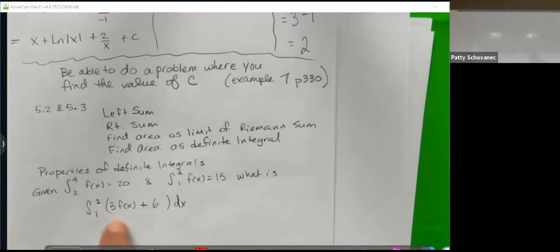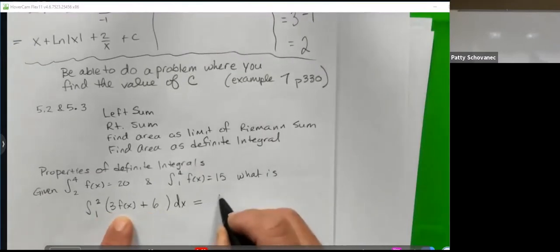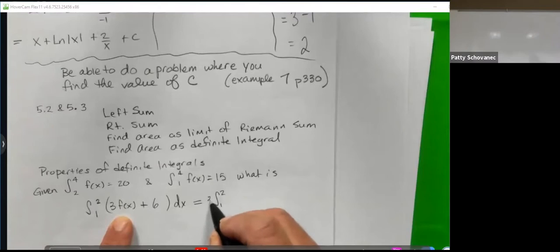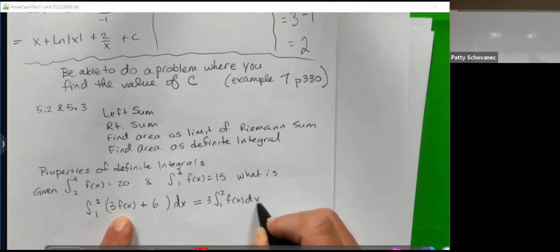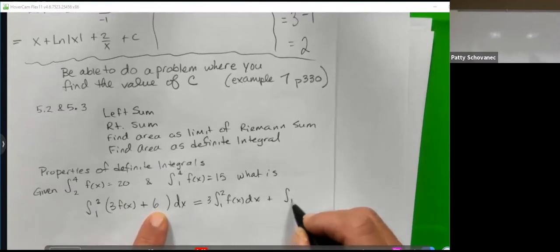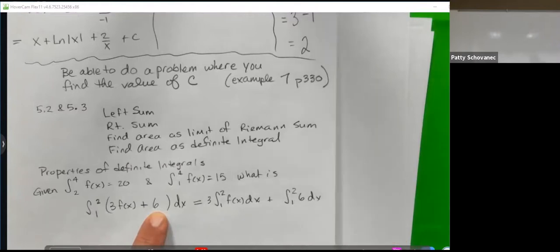So here we have the linear property of integrals. I can write that as the integral from 1 to 2 of 3 times f of x dx plus the integral from 1 to 2 of 6 dx.